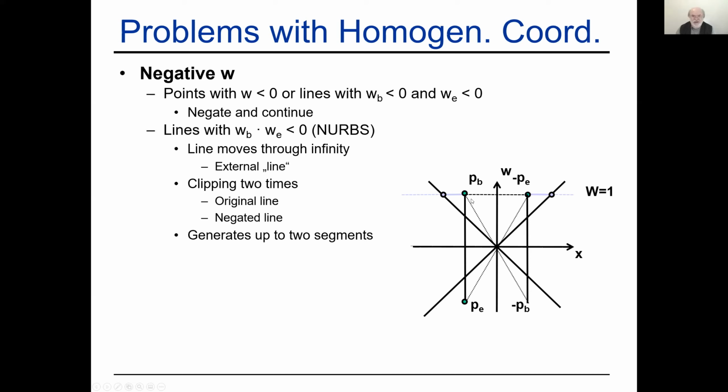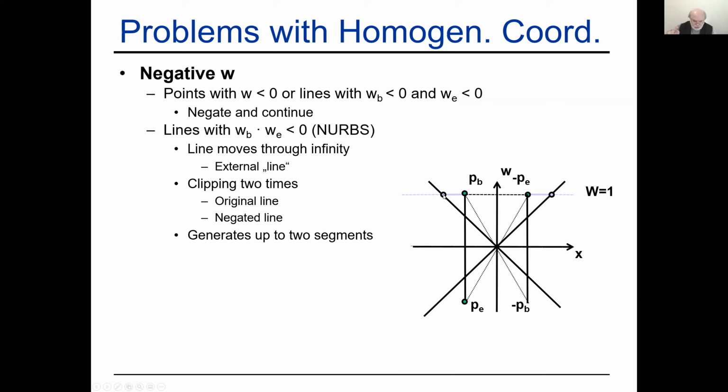But what we need to do is actually clip twice. At one point, we need to clip this point from the beginning to minus infinity. That's the first part of this line.